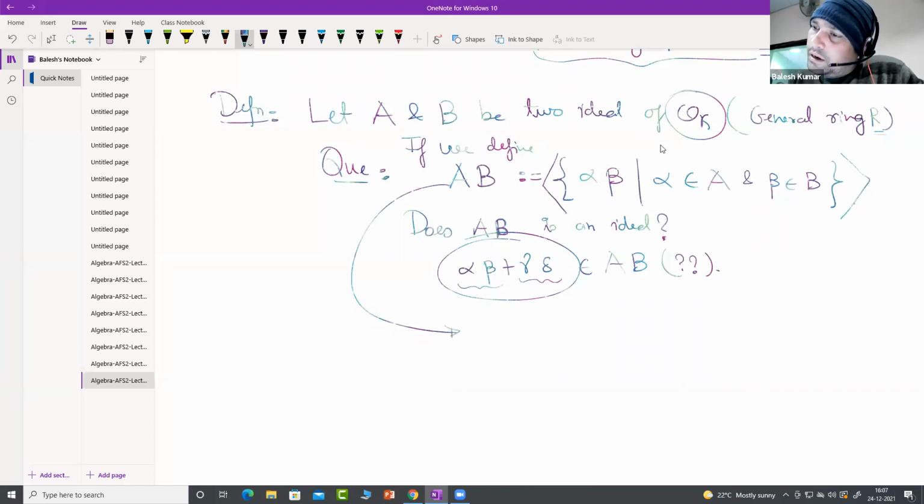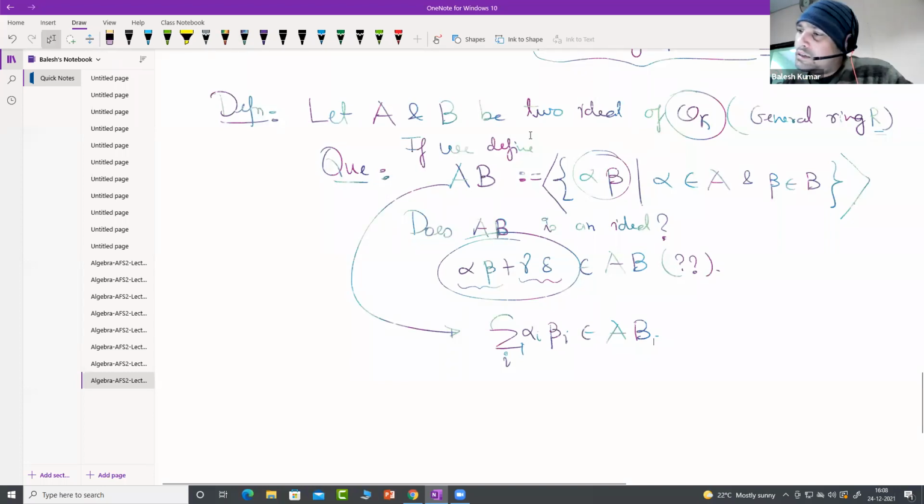Once we say the ideal generated by this set, that means we look at all finite sums of such elements. The typical element of AB will look like a finite sum of alpha_i beta_i. By the very definition, it is an ideal because we are generating an ideal out of this set. So it is the smallest ideal which contains such products.